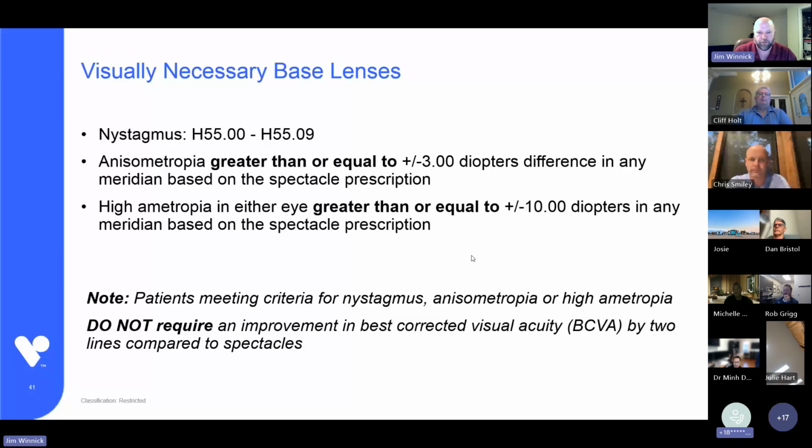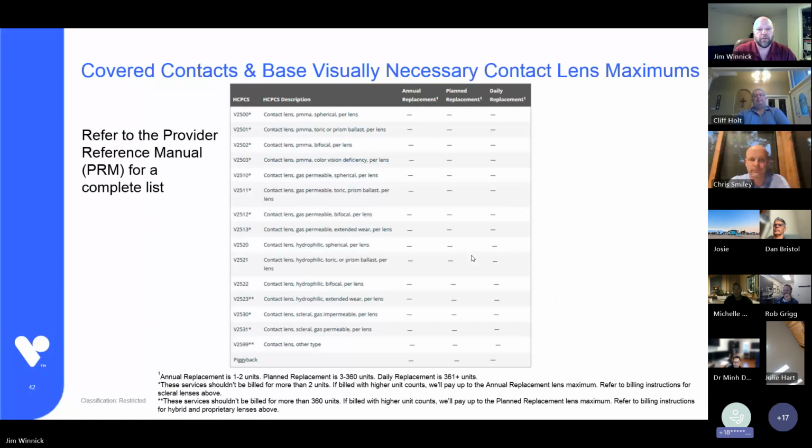So that's another important pearl. This is technically the same table as I showed you before, because covered contact lenses and base visually necessary contact lenses have the same annual caps as far as reimbursements. So you have already printed that from the last slide.